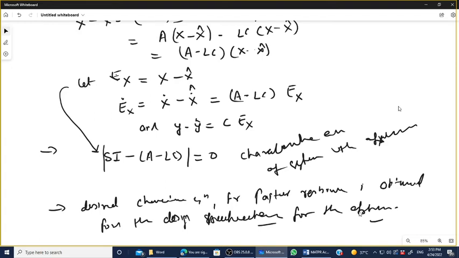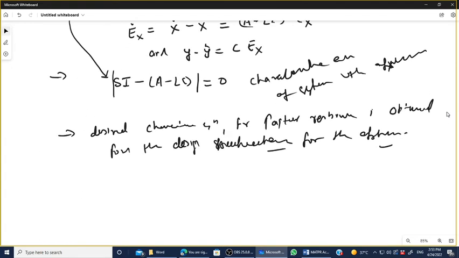So for the observer, the specification is given, and based on that you just draw the characteristic equation and compare them, okay. And how will you compare? As you know, your target is that the response of the observer should be faster than the specified characteristic equation. So the response of this equation should be faster than this, okay. Now how is it faster?